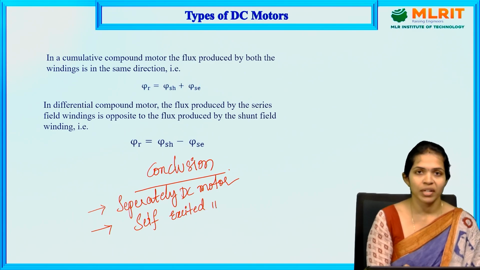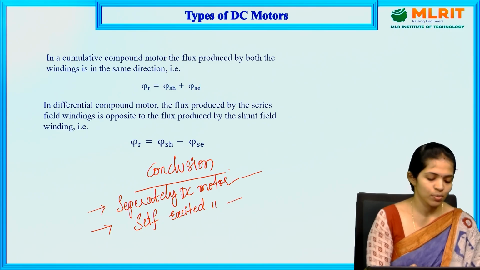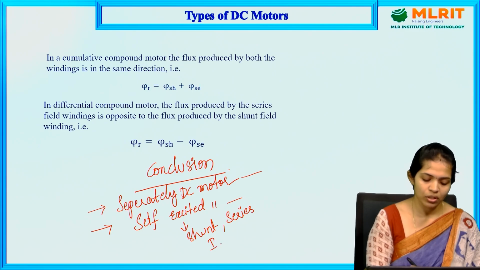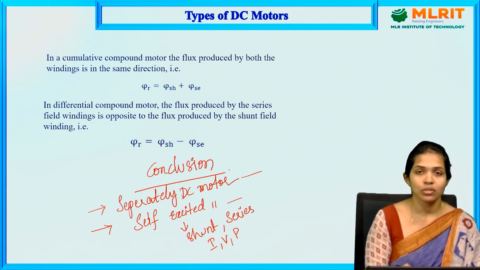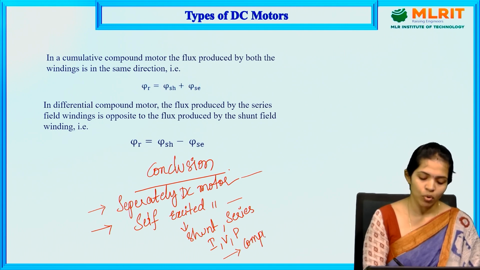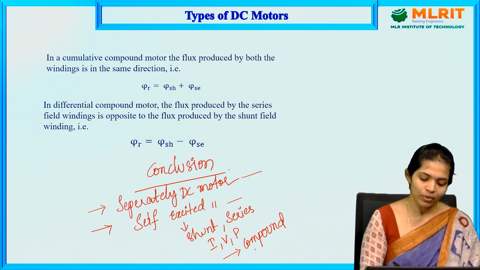Separately excited DC motors require separate excitation, while self-excited DC motors run with the current generated in their own armature. Based on this, we saw the classification of shunt and series. We also saw the voltage, current and power equations in these motors. In the self-excited machine, we also saw the compound motor classification, based on the connection of shunt field winding and series field winding.